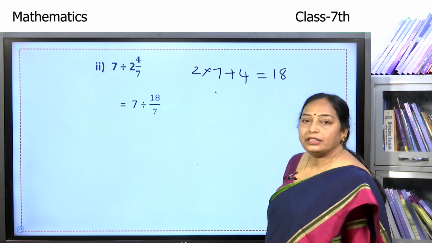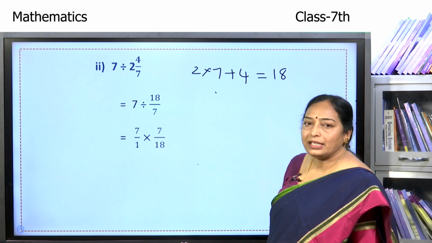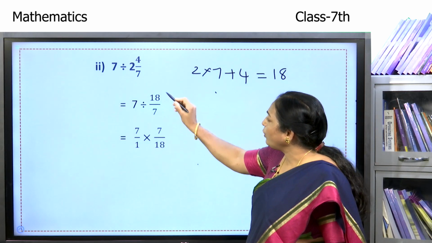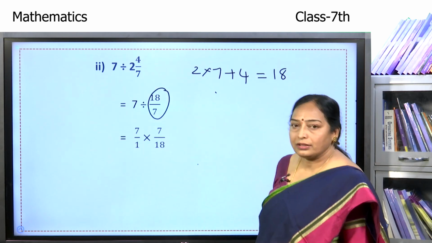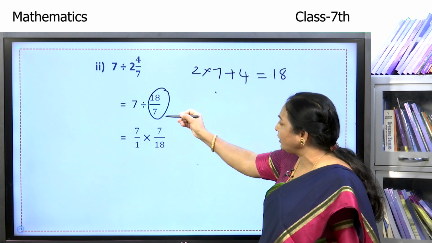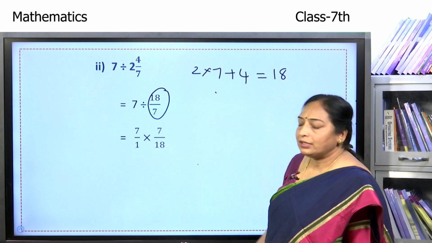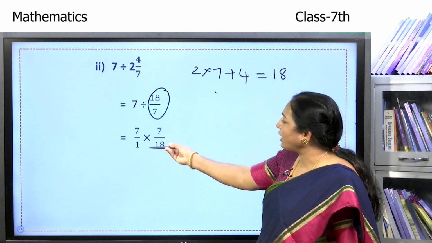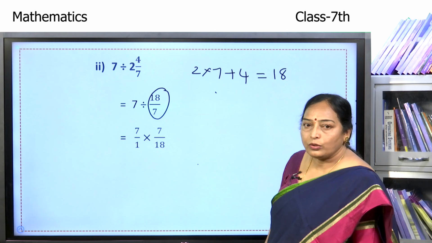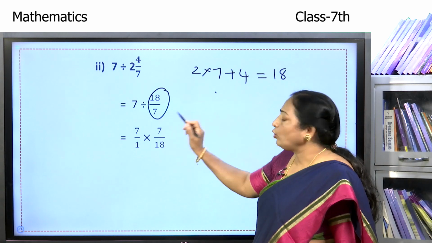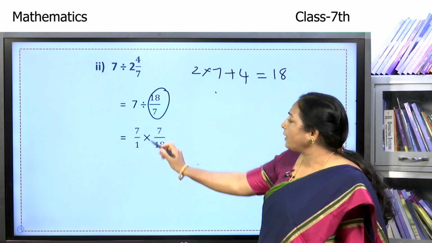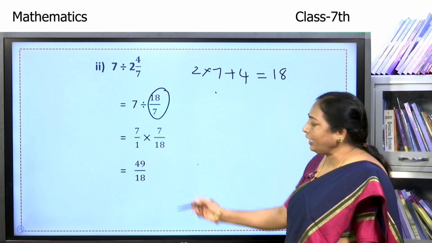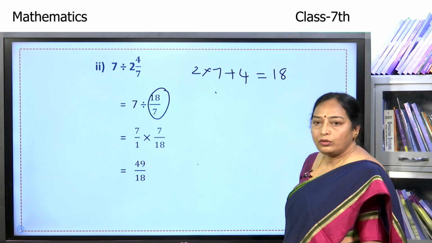Next, change the division sign to a multiplication sign, and we multiply 7 by the reciprocal of 18/7. What is the reciprocal of 18/7? It is 7/18. 7 into 7/18. Is there any common factor for cancelling numerator and denominator? No. That is why we multiply numerator and numerator. 7 sevens are 49, 1 18 is 18. Is there any common factor again? No common factor.